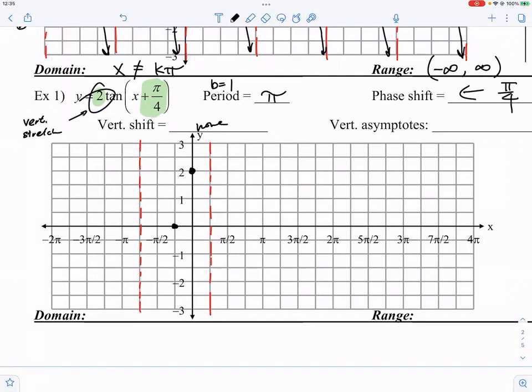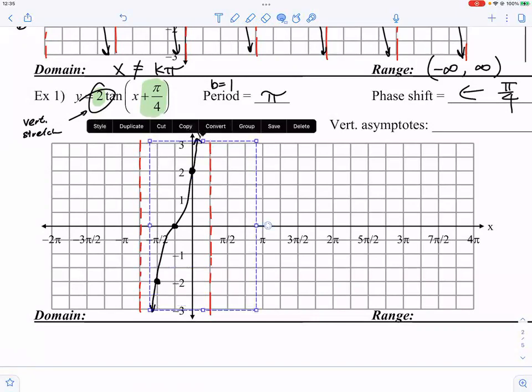And we will go from y value of -1 to y value of -2. So for our tangent graph, the first one will look just like this. Okay, so take a moment to replicate.